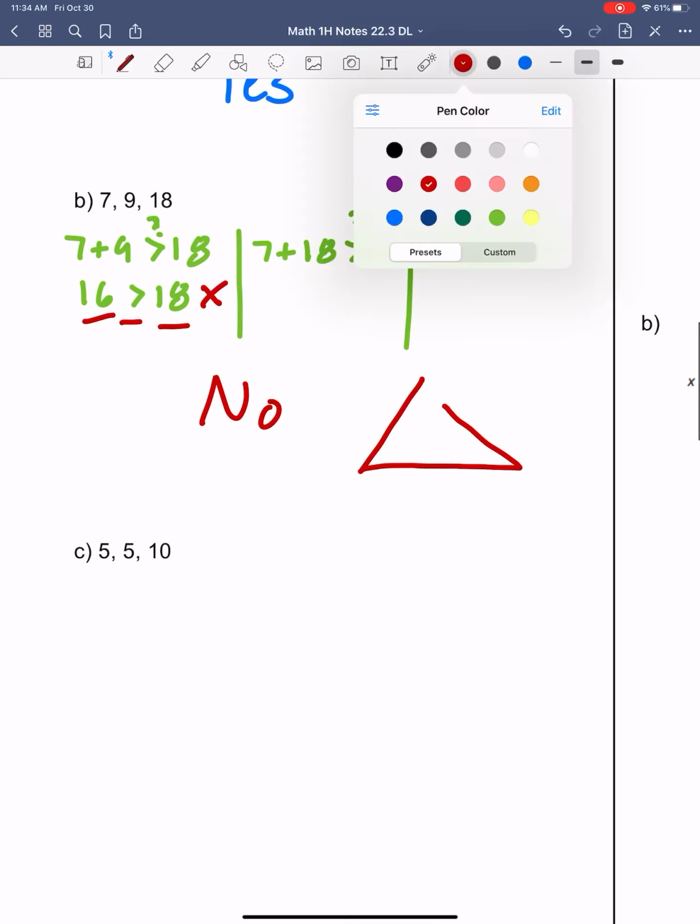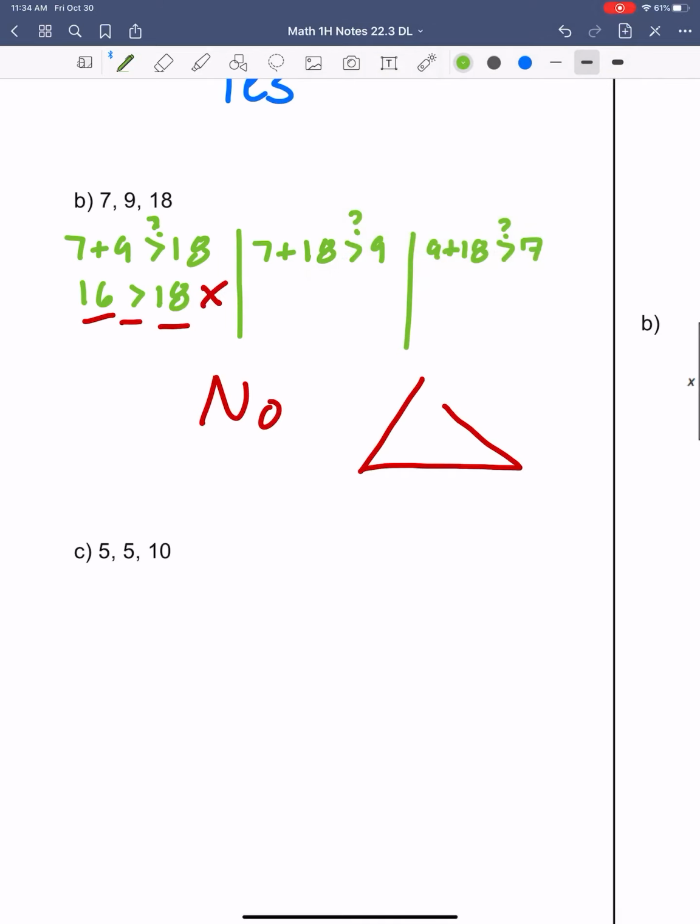Let's go to letter C. Same idea here. We're going to start by setting up my inequalities. 5 plus 5 has got to be greater than 10. Then we would end up with 5 plus 10 is greater than 5. The last one is going to be the same, because we've got two of the same numbers, so I don't have to write the final one here, but we can go ahead and check these. This turns out to be 10 is greater than 10.